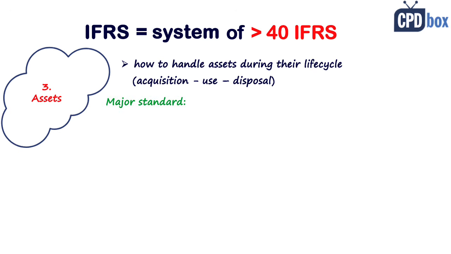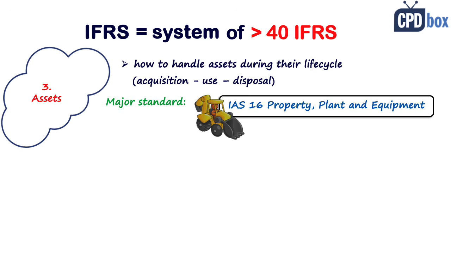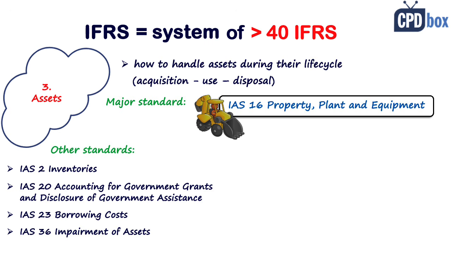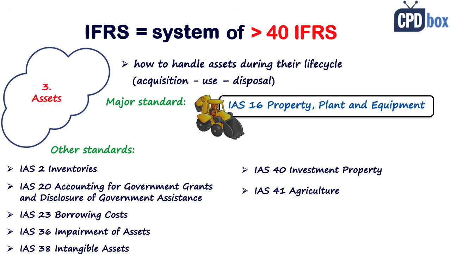So the core standard perhaps is IAS 16 on property, plant, and equipment, and other standards belonging to this category are IAS 2, Inventories, IAS 20, about government grants, IAS 23, Borrowing Costs, IAS 36, Impairment of Assets, IAS 38, Intangible Assets, IAS 40, Investment Property, IAS 41, Agriculture, IFRS 5, Non-current Assets Held for Sale, and IFRS 6 related to mineral resources.